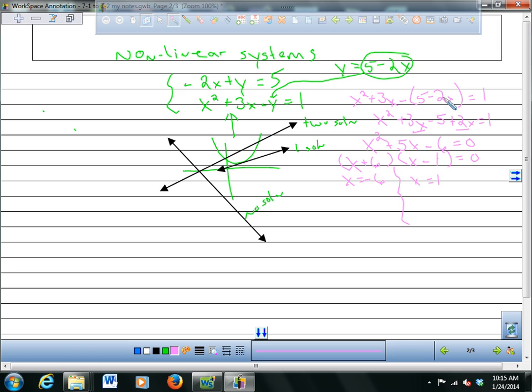I must have copied the wrong thing down. So when x is negative 6, y is 5 minus 2 times negative 6. What's that? 17? Oh, yeah, it's not negative 2. It's close to it.